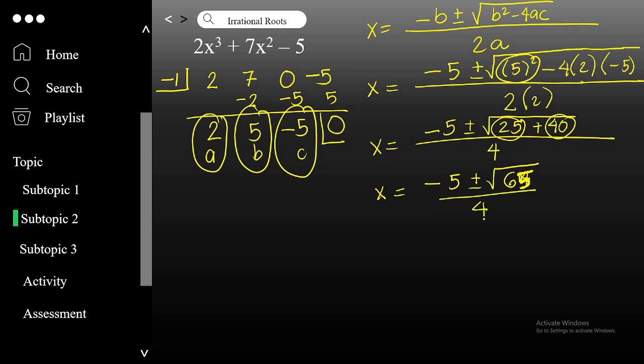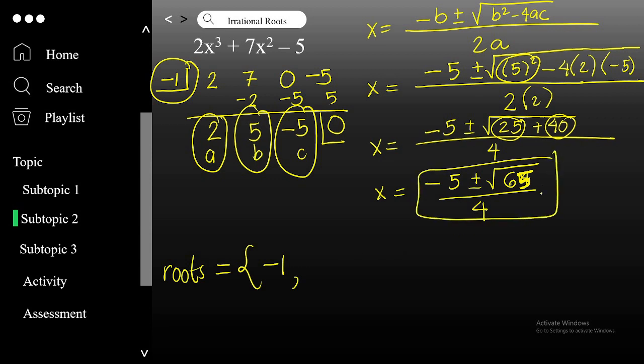all over 4. Now, are there factors of 65 wherein one factor is a perfect square? It's not possible. So if it's not possible, then this is already the final answer for your quadratic formula. So writing all the roots now, starting off with the number we used a while ago with our synthetic, that's -1, and the results we had with our quadratic, breaking down positive and negative.